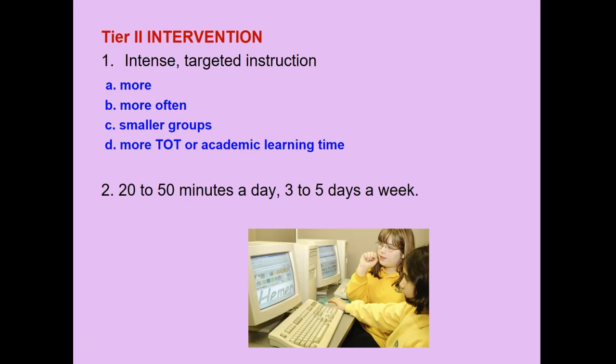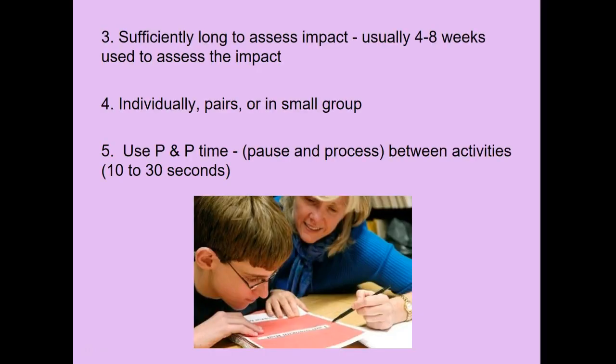Intensity means more often in terms of instruction, smaller groups, and more time on task or engaged. Academic learning time is the time in which they are engaged in authentic reading and writing activities. Anywhere from 20 to 50 minutes a day, a minimum of 3 days a week, but 3 to 5 days a week. And again, RTI is flexible. It should be pragmatic. Use it in a way that works best for your school and your students.